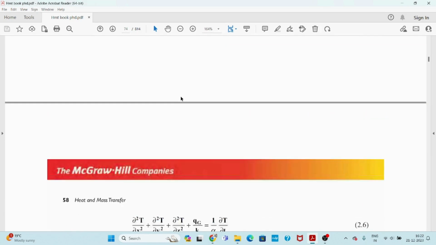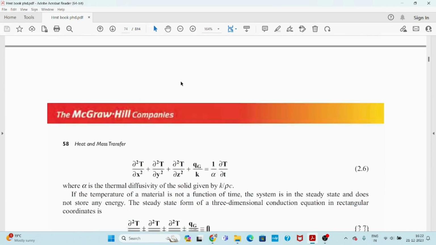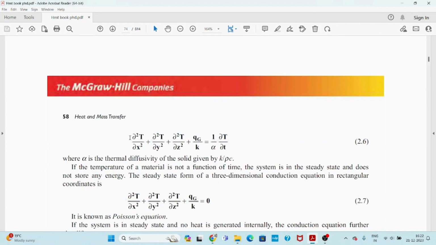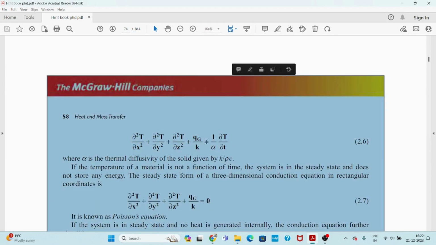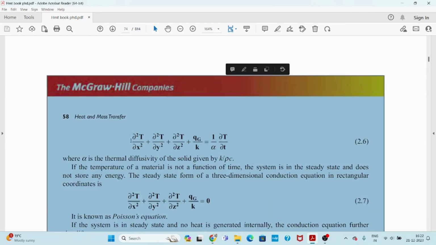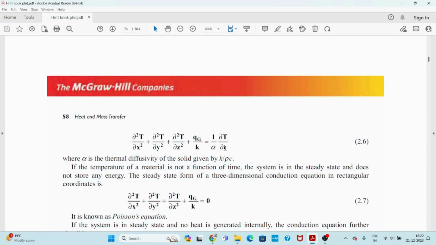Next, this is the same formula, but in the case of three-dimensional heat flow you can use this. Please remember this formula. And one important thing you have to remember is alpha. Alpha is thermal diffusivity.